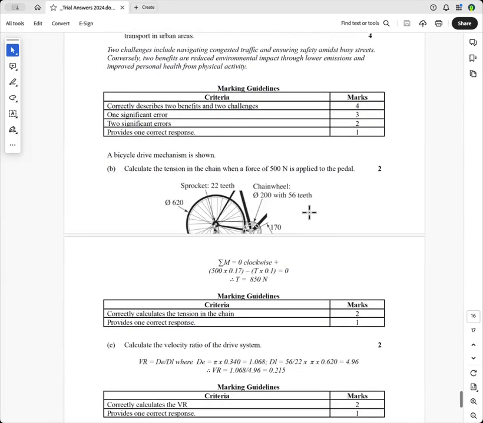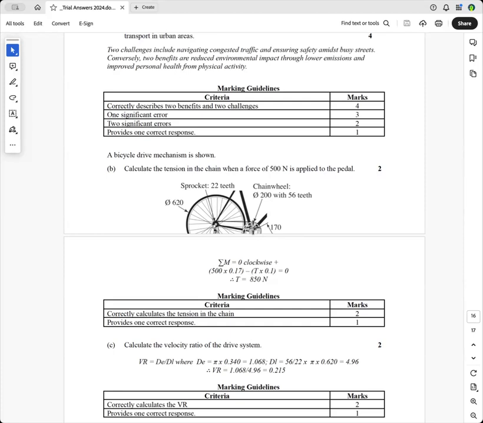Next question, calculate the tension in the chain when a force of 500 newtons is applied to this bike. I don't know what happened here, but the diagram has moved. The pedal was 170 radius. So you say the force times 170, which is 500 times 170. That's creating the clockwise moment on the pedal.